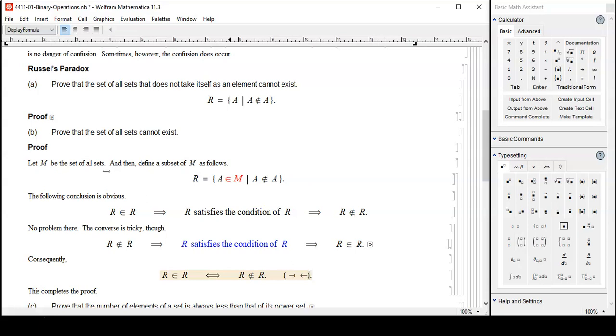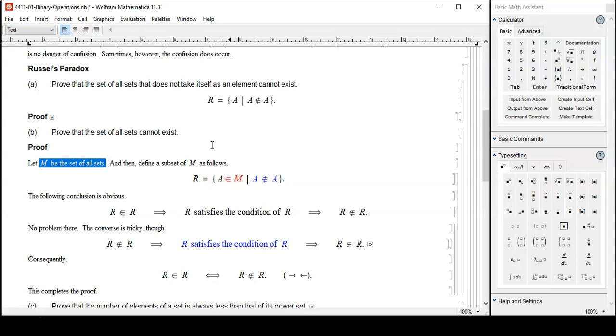Now, what if M is a little bit smaller? M is not the set of all sets, but it's a large set that doesn't cover everything. In that case, the second implication turns out to be okay. If R is not a member of R, then okay, R satisfies this condition here, yes, but it may fail here because it may not be in this M. Remember, I just reduced this.